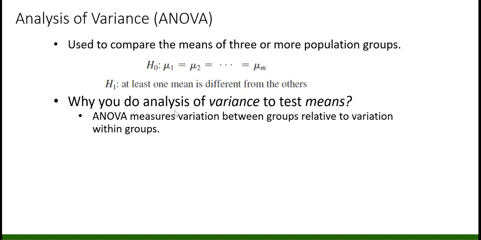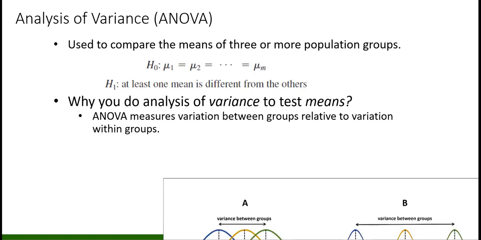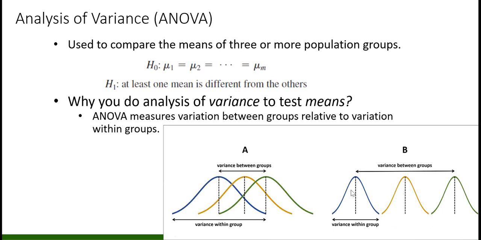Why is that? I'm going to try to explain this with a simplified example, and I'm just going to focus on panel B here. Assume that we measure the variance between groups by taking the maximum distance between the centers of these distributions.